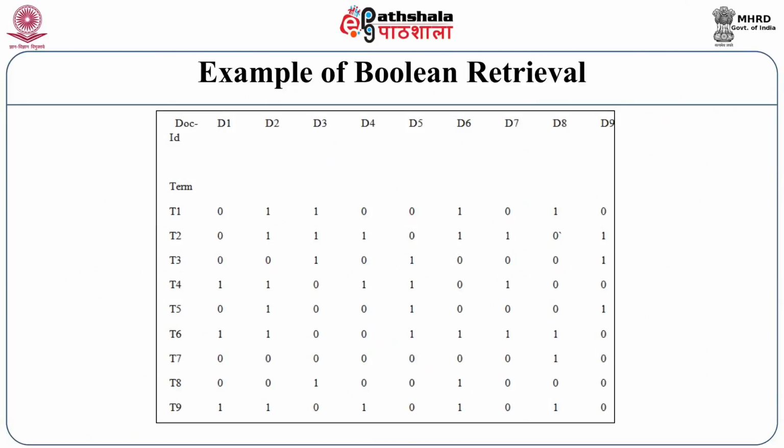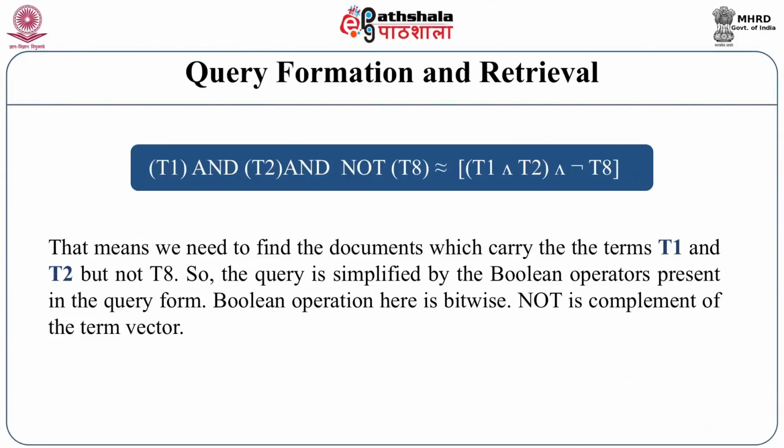Suppose the query is: find those documents where terms T1 and T2 are present but T8 is absent. So the query can be translated into Boolean notation, that is T1 AND T2, then again AND NOT T8.